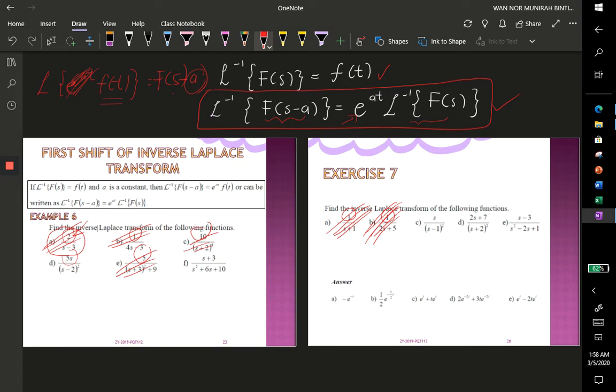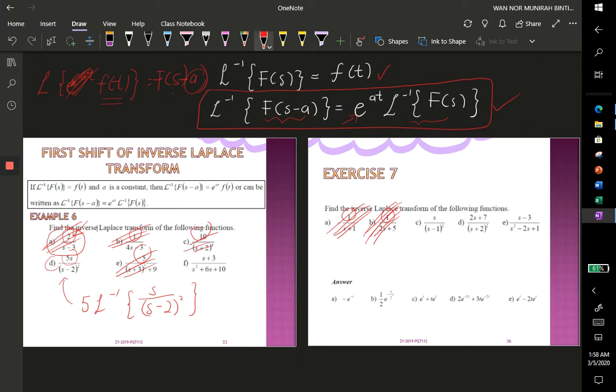Now you must be careful, because you need to determine the correct value of a. If you look at this question, D, you need to take the Laplace inverse of 5s over (s minus 2) squared. Laplace inverse of 5, I take out 5, so I have s over (s minus 2) squared. This function is still like the original function. We don't modify anything.